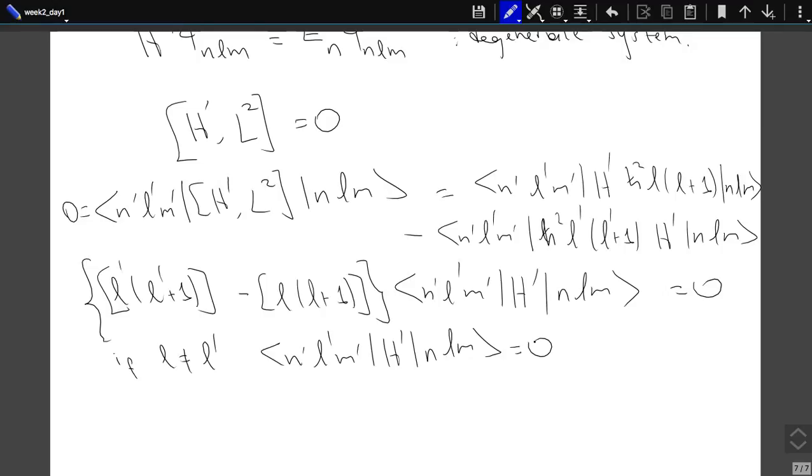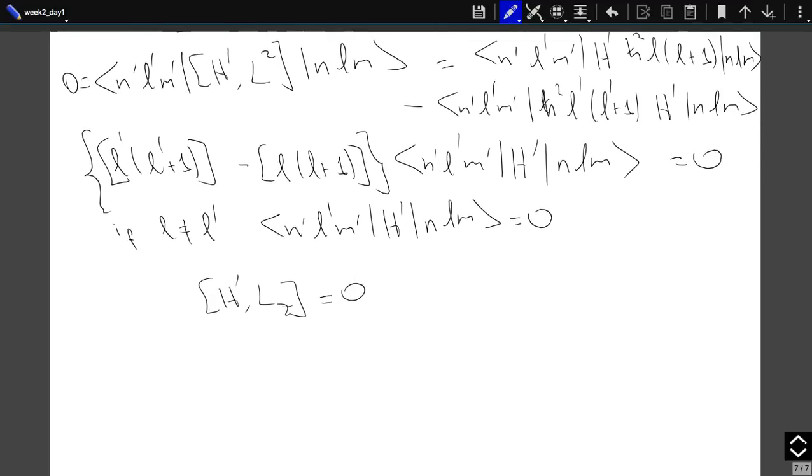Let's see. So we just looked at one thing. H prime and Lz. Does it commute? Well, everything is scalar in the Hamiltonian. There is no angular thing. So this is 0. So we just do the same thing.